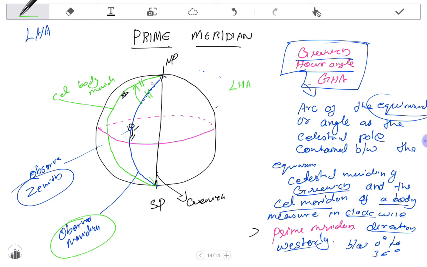It can be stated as the angle at the celestial pole between the observer's meridian and the meridian passing through the celestial body, measured westwards, or the angle or arc at the equinoctial.